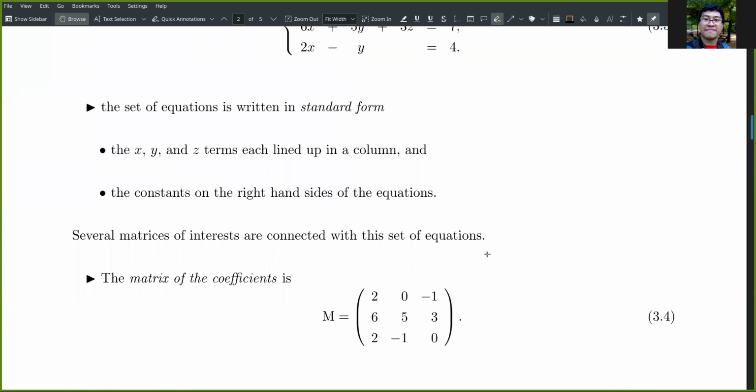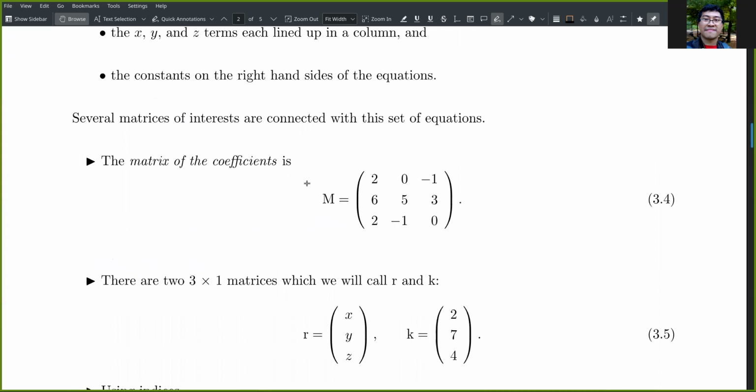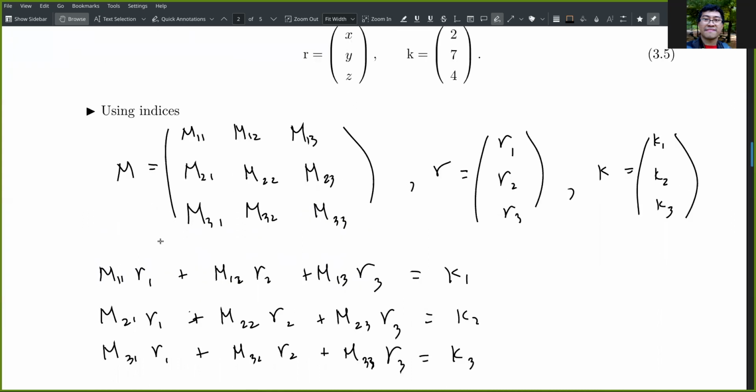So that would look similar to this. You have this K1, K2, K3, R1, R2, R3, and these are the coefficients, which are these elements M11 and so on.